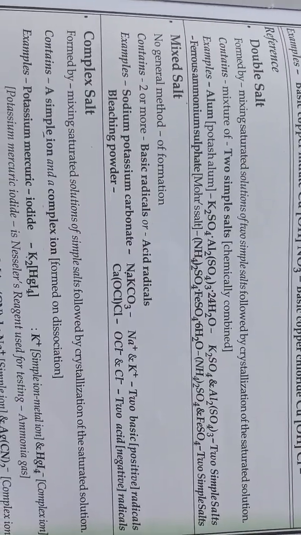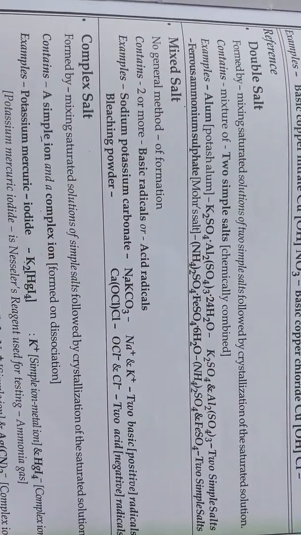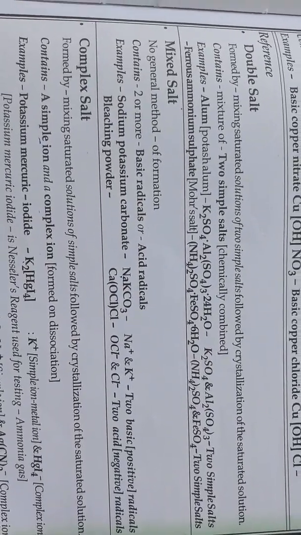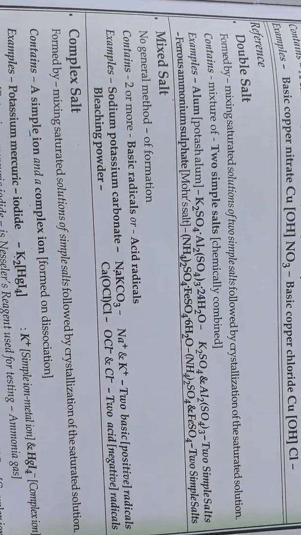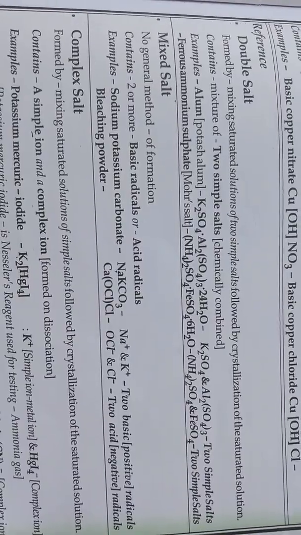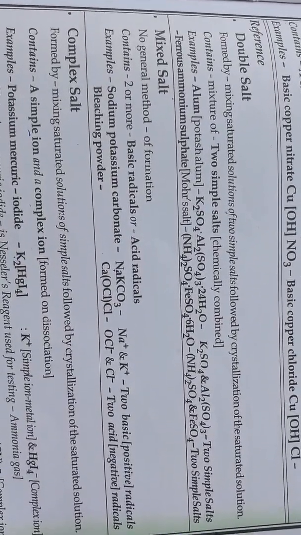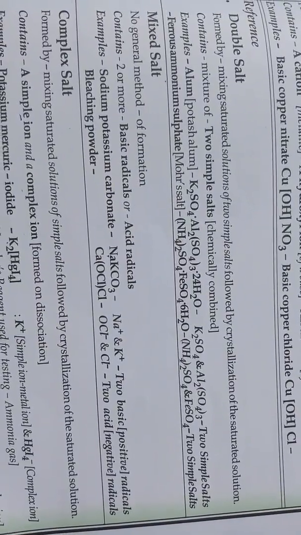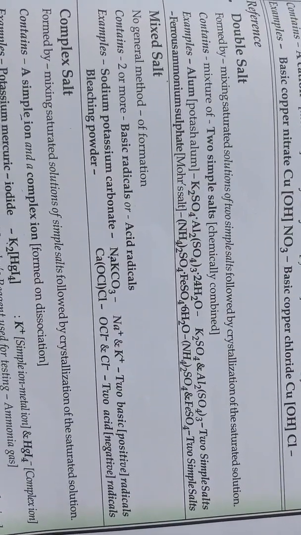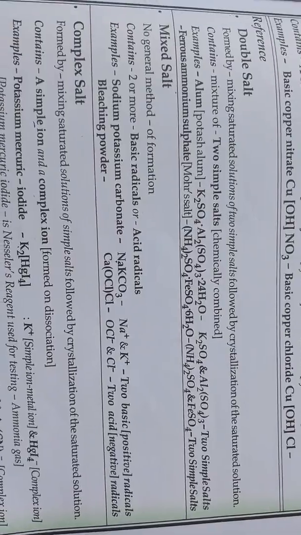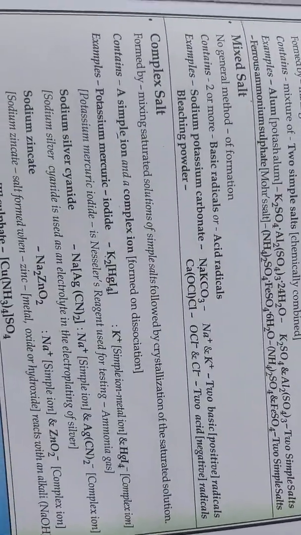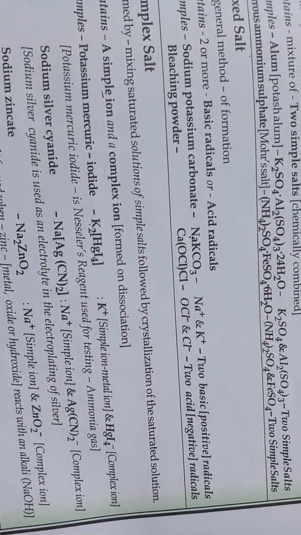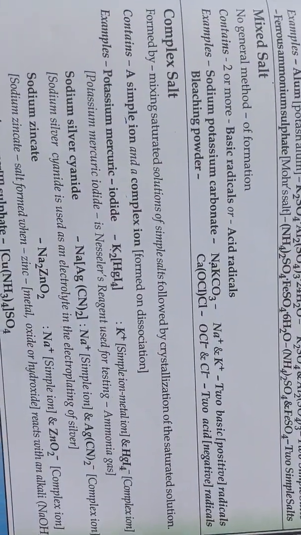So when you have one positive ion sodium and the other positive ion potassium, they balance the valency of carbonate, and thus we have a mixed salt having two positive radicals. The other example has two negative radicals, CaOCl2, bleaching powder. Right? So when you say mixed salt, it contains either two positive radicals or two negative radicals.